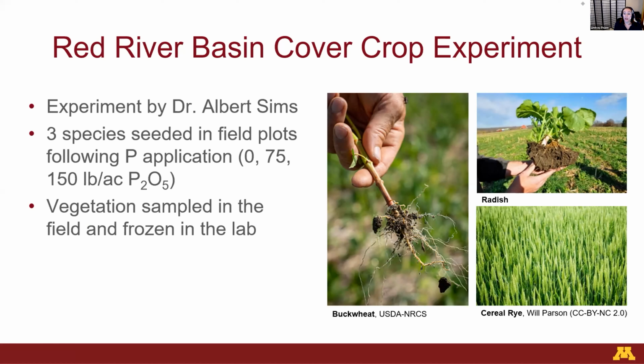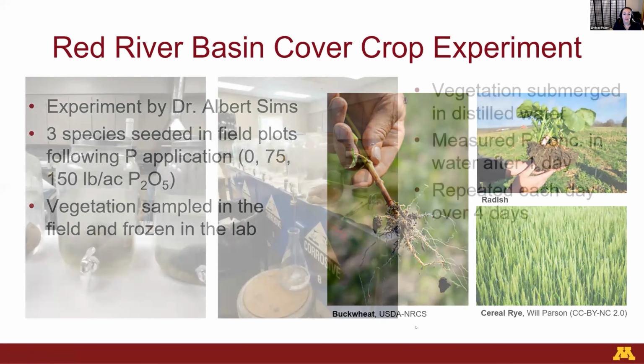And then they grew buckwheat, radish, and cereal rye. And then this vegetation was sampled in the field, and then it was taken back into the lab and frozen. So it was allowed to grow for a little bit, and then taken back and frozen in the lab.